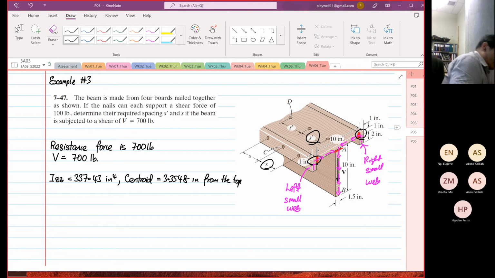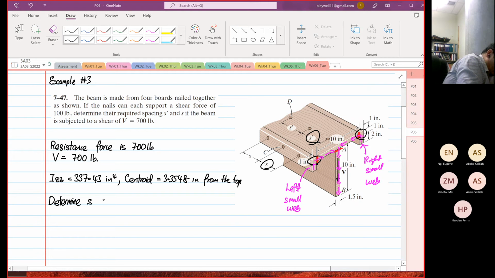Once you consider that, again, the difficult part is the first moment of area. So let's determine S for the horizontal nail.